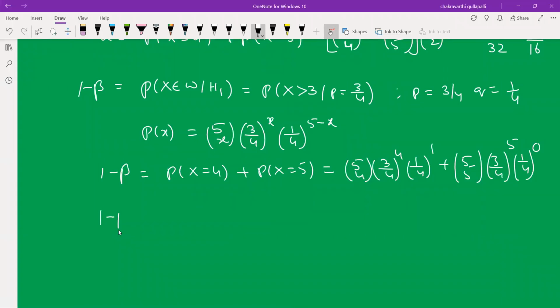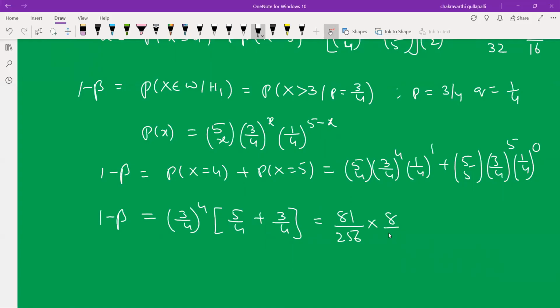Now, simplified. 1 minus beta is equal to, so now 3 by 4 whole power 4 is common. 5C4 is 5, so 5 by 4, plus 5C5 is 1. 3 by 4 whole power 4 is taken outside. Remaining part is 3 by 4. 3 power 4, 81 by 4 power 4, 256, into 5 plus 3, 8. 8 by 4. So, 8 ones are 8.